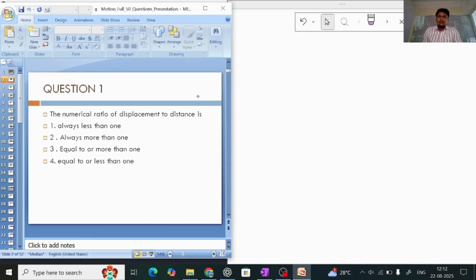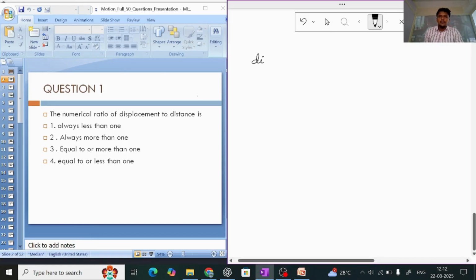We know that displacement is the shortest distance, and distance is the actual path.